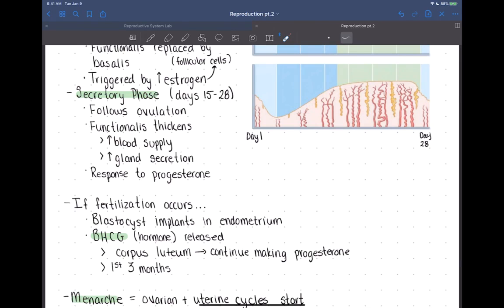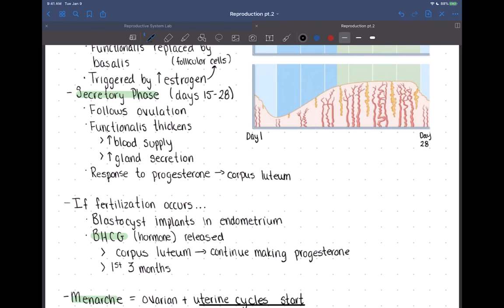And that's going to be preparation for a possible fertilized ovum. That is going to be in response to progesterone, and that comes from the corpus luteum. So that corpus luteum is producing progesterone. Remember, we said the function of progesterone is to maintain that uterine lining.